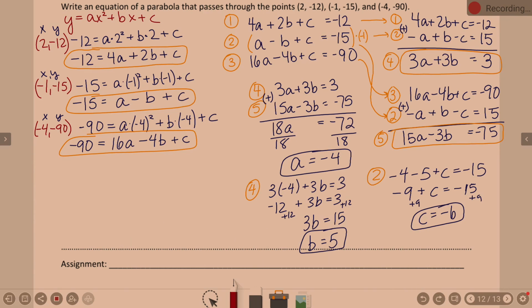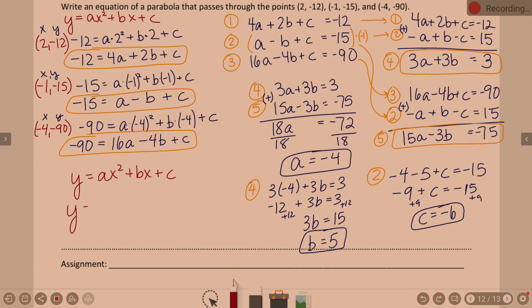Here's a $1 million question. Did you write your final answer? And did you write it correctly? Remember, standard form. Y equals ax squared plus bx plus c.